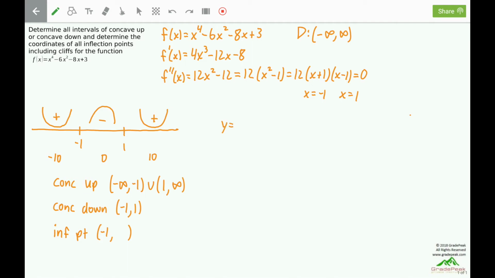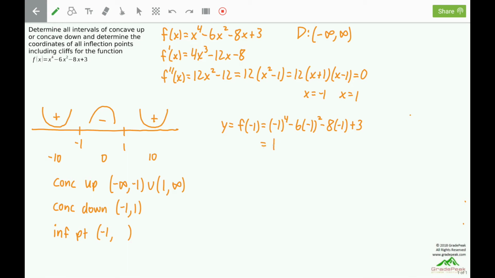So y equals f of negative 1, which is negative 1 to the 4th power minus 6 times negative 1 squared minus 8 times the negative 1 plus 3.